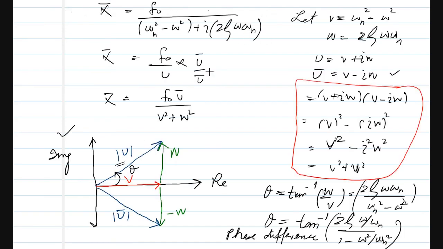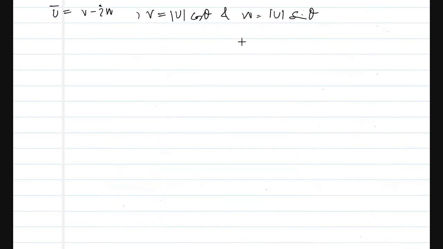Again, v is represented as u mod cos theta and w as u mod sin theta, using basic trigonometry. So if you write it in this equation, u bar is nothing but u mod cos theta minus iota u mod sin theta.